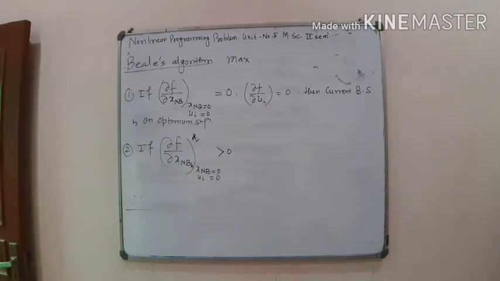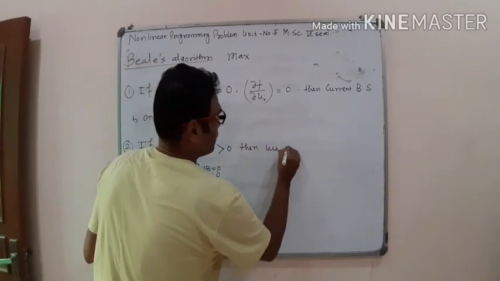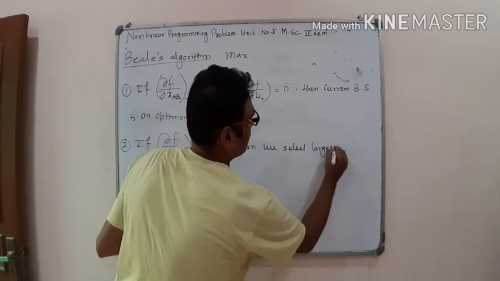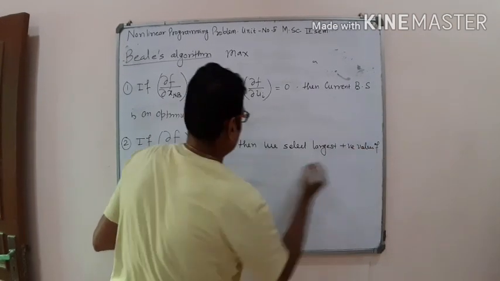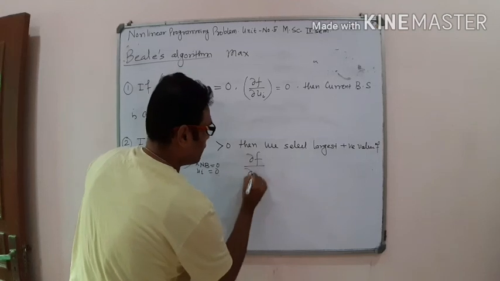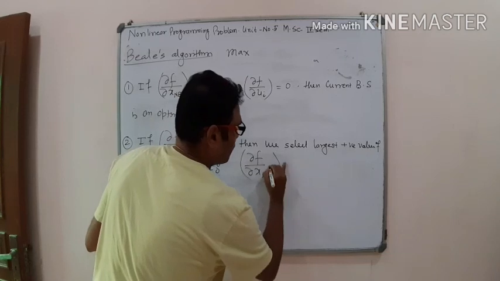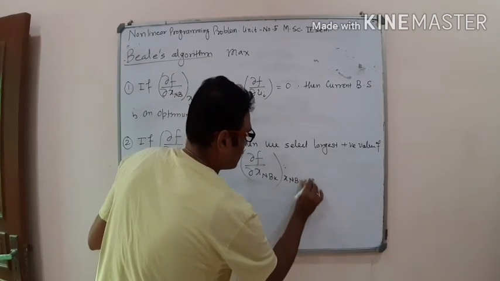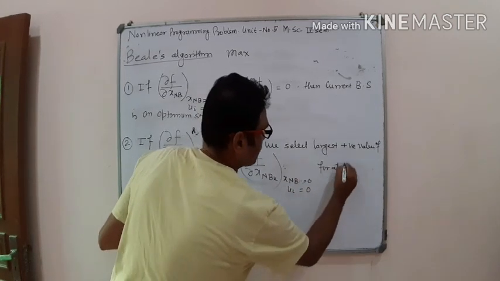In that case we select the largest positive value of del f by del xNB k for at least one k.